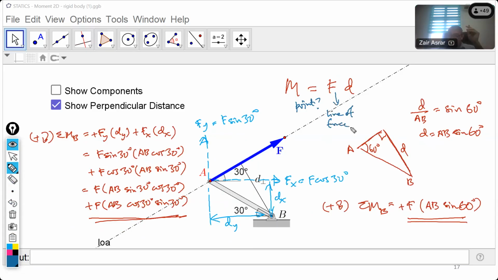Once you have recognized that, you have to determine the distance from line of force towards the point of moment. That is the idea. To calculate moment at a point, you need to know the line of force and then determine the distance from the line of force towards the point of moment.